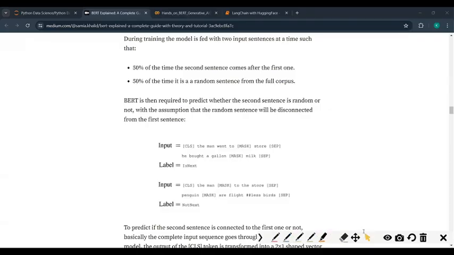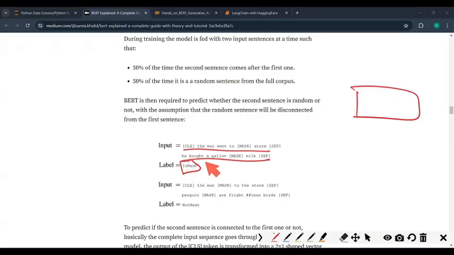I think you have to watch from the first. I'm saying a very simple thing. I don't know what is the confusing part here. Two statements are there, both separate. And there is a labeling. There is a document where the entire statement is given, both the statements are given. It is trying to say whether the second one is next or not. It is trying to predict that.